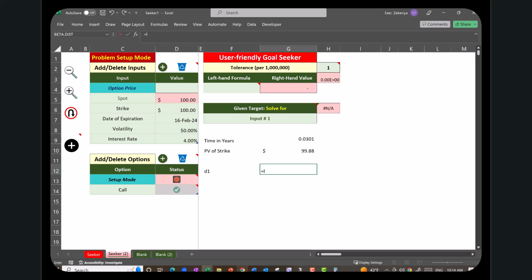ln, which is short for natural logarithm, spot over strike.